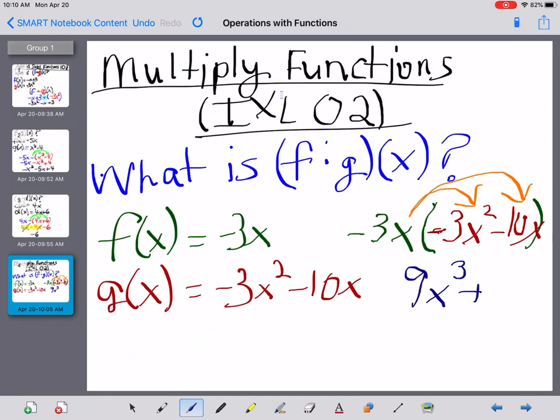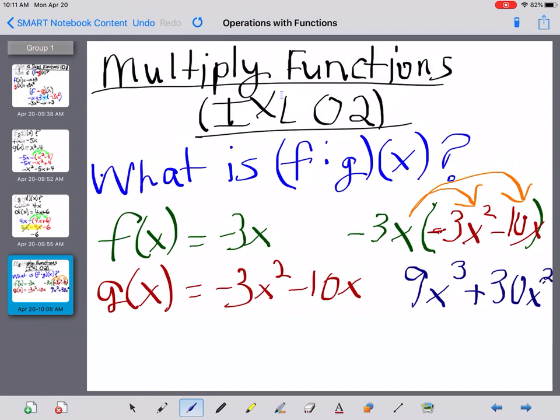And then I have a negative 3x times a negative 10x. Negative 3x times negative 10x is a positive 30x squared. Let me write that a little bit better than that. So we're going to have a plus 30x, and then x times x is, of course, first power and first power.